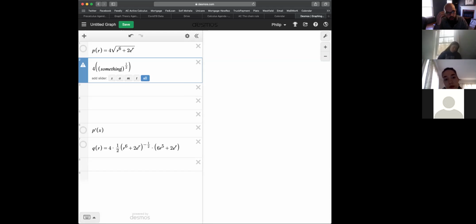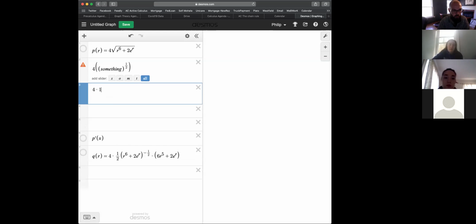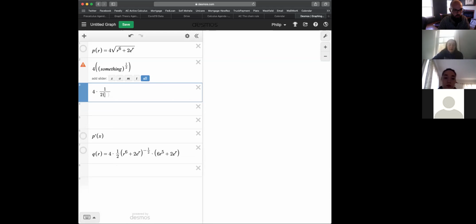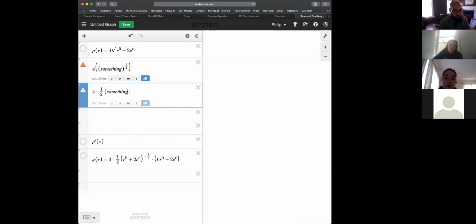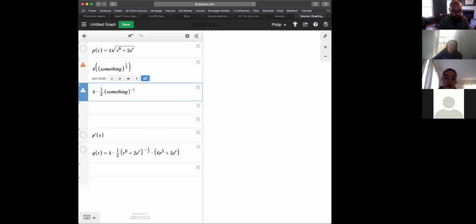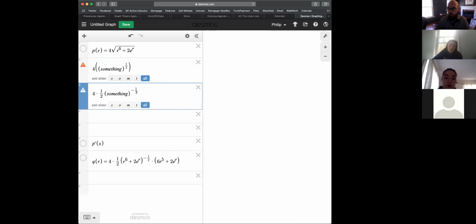So I have this something, whatever it is, to the 1/2 power. And to take that derivative, I'm going to use power rule. So we get down here, we're going to have 4 times 1/2 of something raised to the negative 1/2 power.